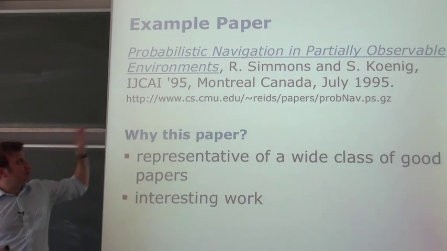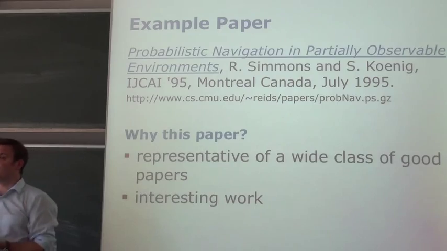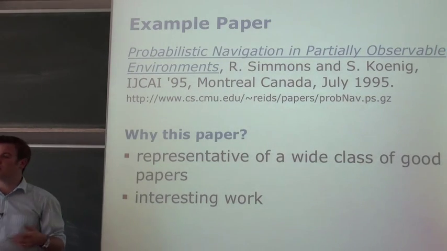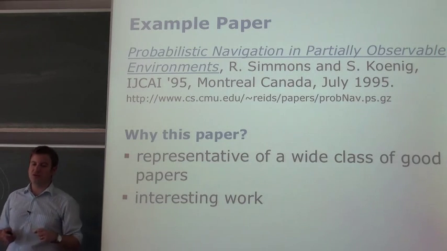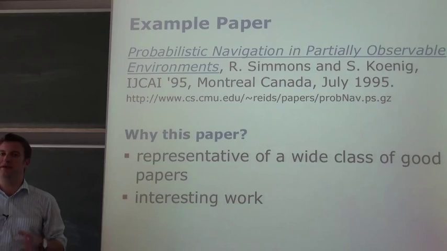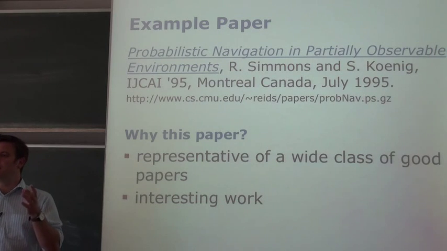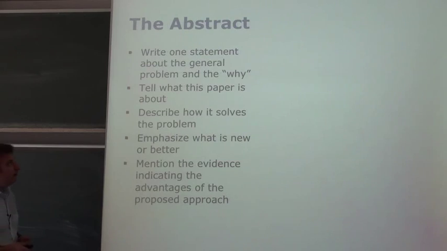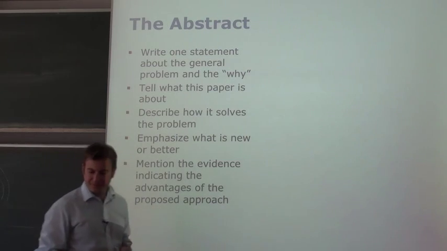So it's a good representative of a high-quality paper that addresses a lot of the aspects that I've shown here. I have some screenshots from the paper to illustrate what I've said with more concrete examples. Okay, so the abstract.